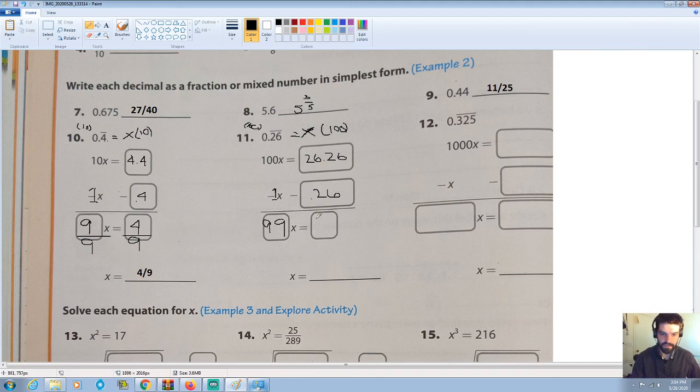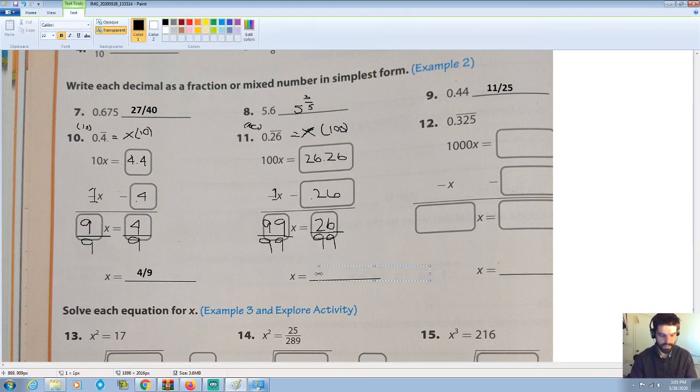This gives us 99x is equal to 26. Now again, we want to keep this equation balanced, but we want to isolate x. So we're going to divide both sides of the equation by 99. And this is the simplest form that we can have. So we have 26 over 99 as our final answer.